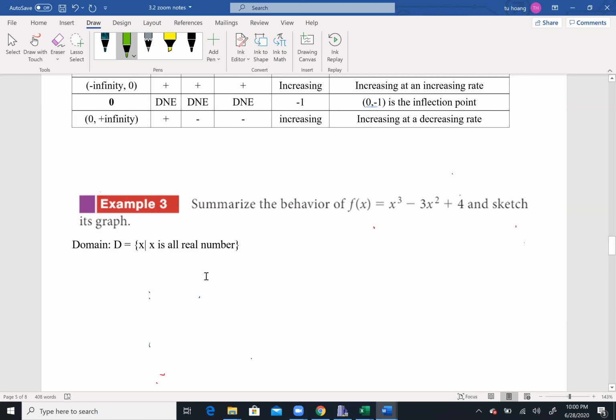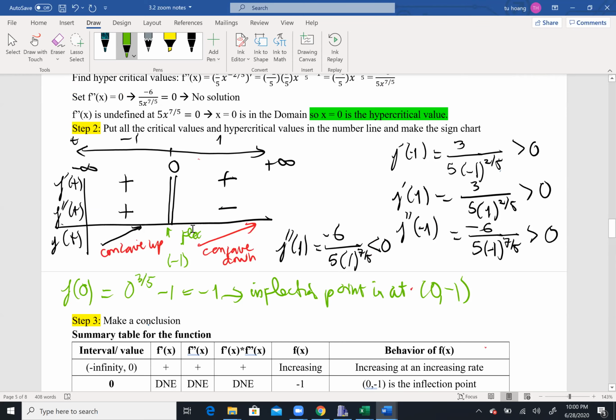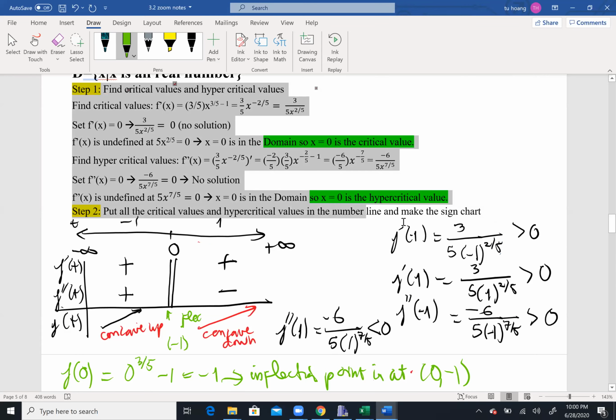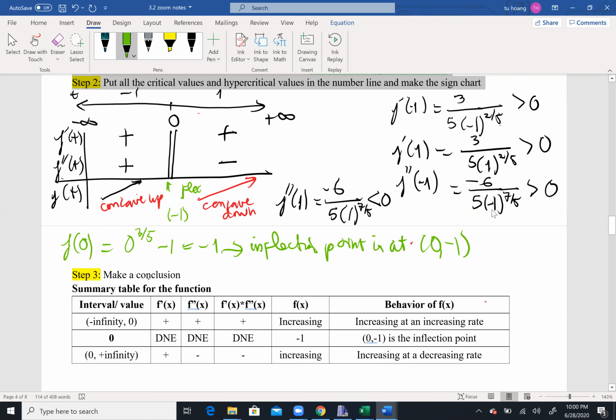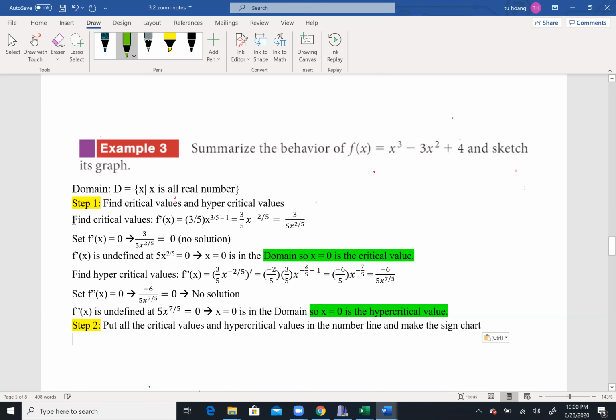We'll change this, and now I'm gonna follow 3 steps here. Let's just copy down these 2 steps and change them. Let's see. So first step is always find critical values. Okay, and hypercritical values. I'm gonna delete this.